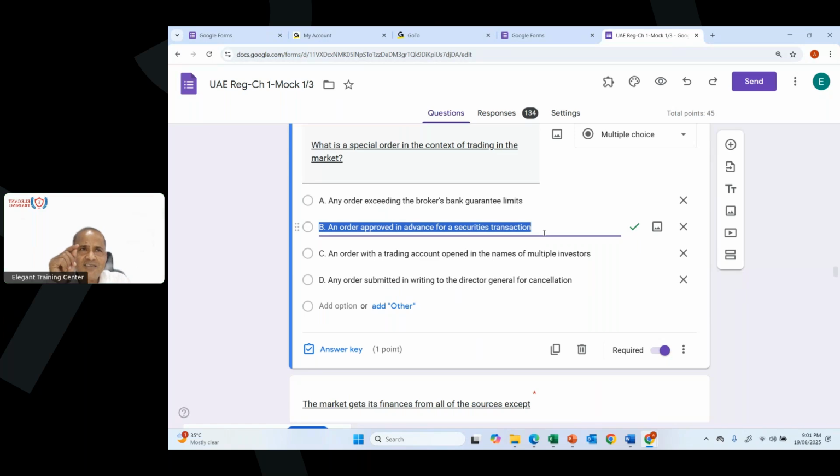Special order means not exceeding the guarantee, but exceeding 80% of the guarantee. But a special order needs approval in advance. Clear? So which of the 4 lines is correct about the special order? It's not exceeding the guarantee, exceeding 80% of the guarantee, but a special order needs approval in advance. Clear? Next.